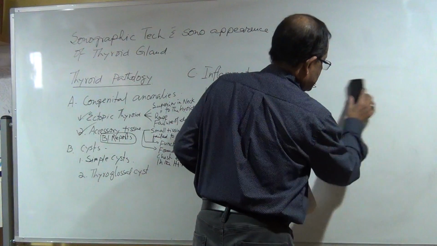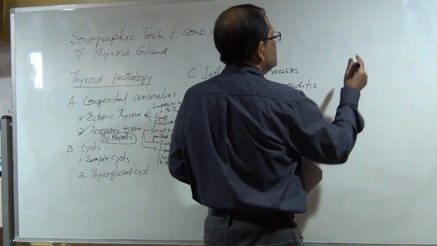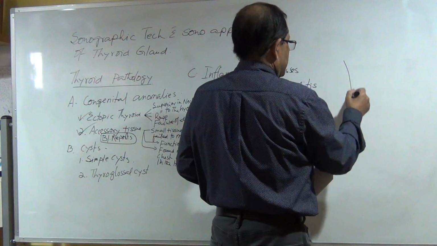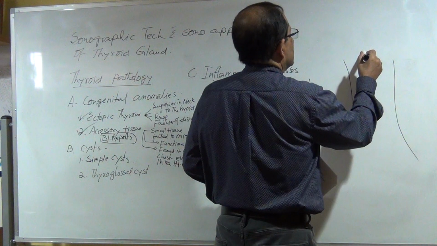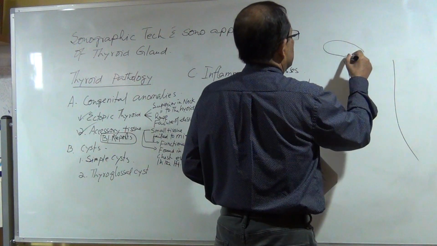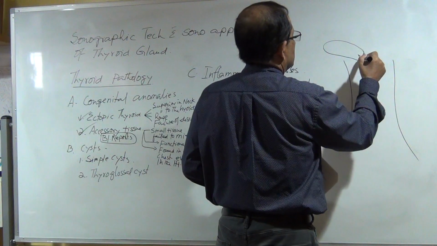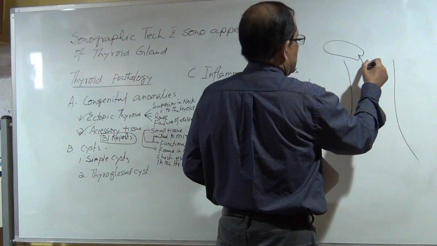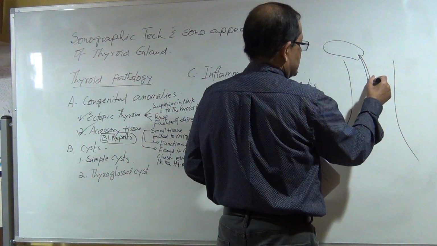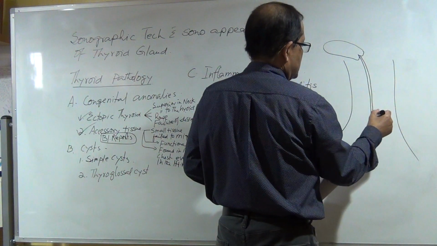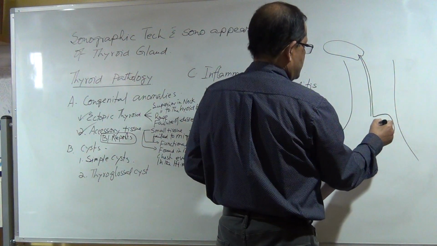The thyroglossal duct, as I told you before during the anatomy, is in the neck. So if this is the neck, the base of the tongue is here. This is the base of the tongue, and with the base of the tongue, the thyroglossal duct is coming, and the thyroglossal duct is attached with the isthmus.